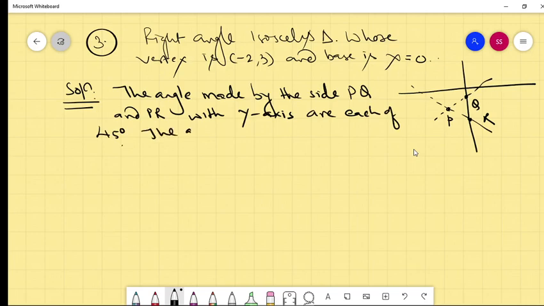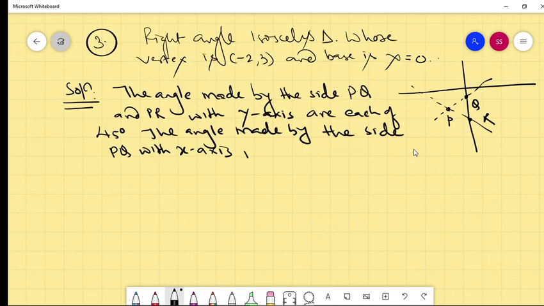And the angle made by the side PQ with the x-axis is also 45 degrees. So m equals tan 45 degrees equal to 1, we can find.